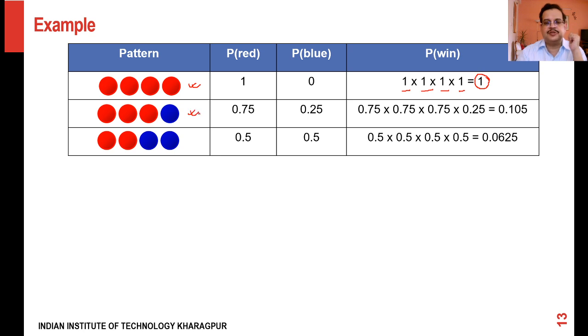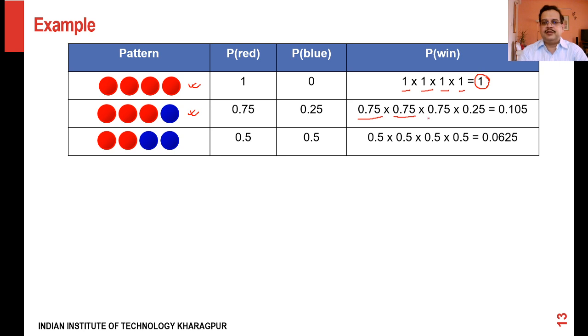Now think of this pattern. So this is from the second bucket. Now from the second bucket, when I was shown the balls, they appeared as red, red, red, and then blue. Now what's the probability that the first ball that I pick up is red? So that is 0.75. And remember that the balls are being put back after each draw. So when I ask what is the probability that the second ball is red, that is also 0.75 because I replaced the ball.